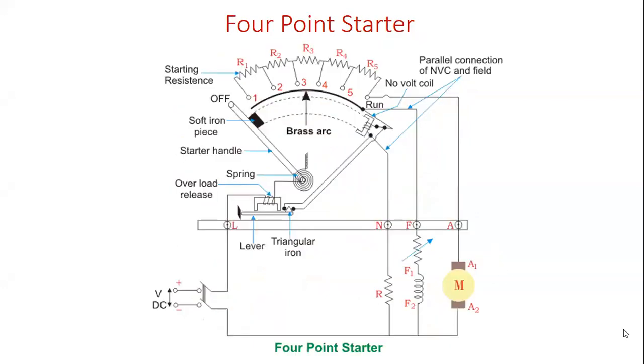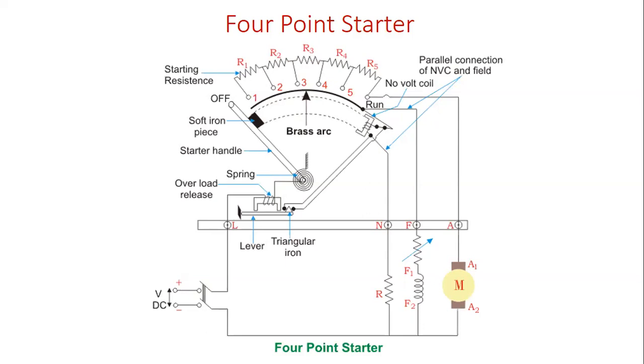So without the starter, we cannot run our DC motor, right? Our ultimate aim is to limit the starting current, when the speed is zero, and that is the first one. The second one is to protect the motor when the motor is running, running nearly at its rated speed or some percentage of the rated speed, right?